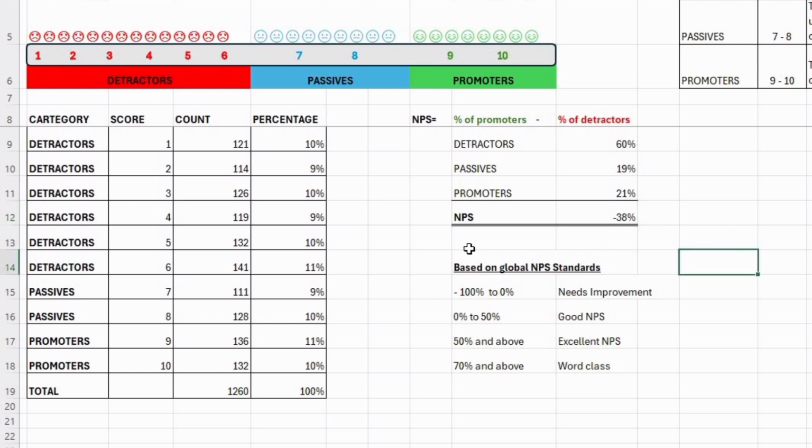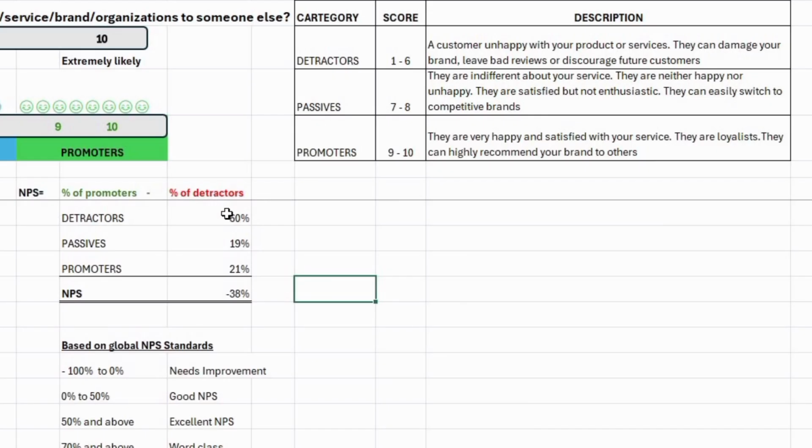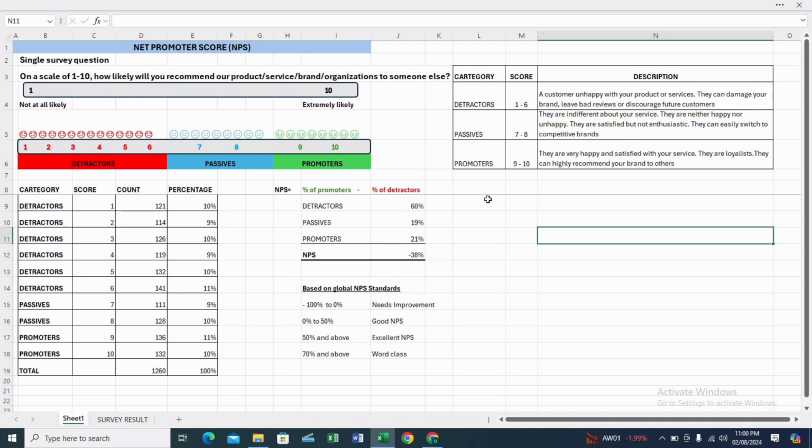What this means is that this business has more detractors than it has promoters, which means that a lot of our customers are left unsatisfied, and this may affect the future image of this organization. But for companies seeking growth, they are not supposed to ignore the detractors.